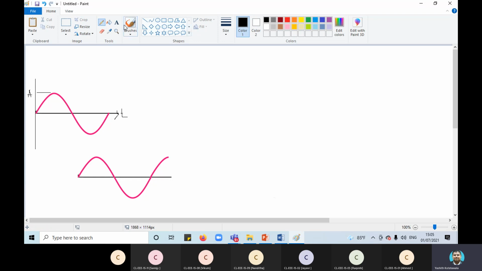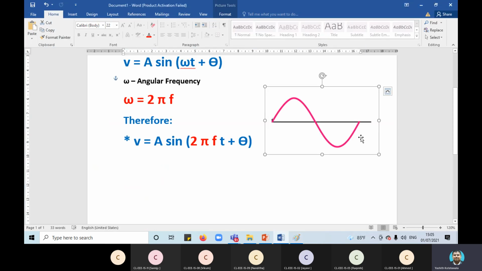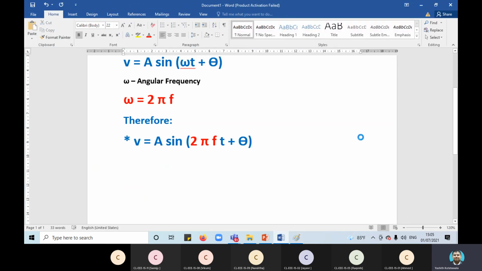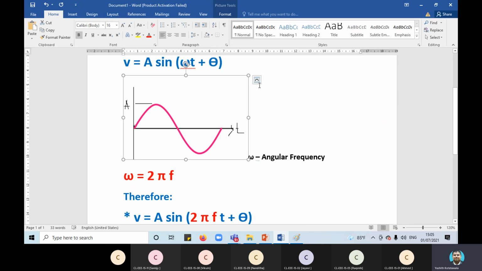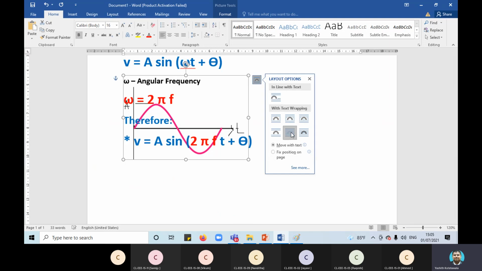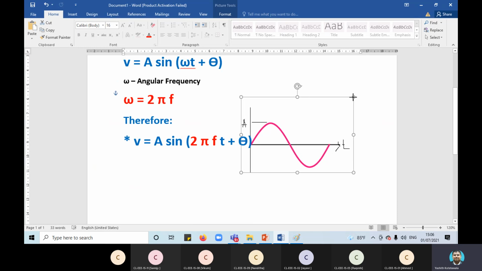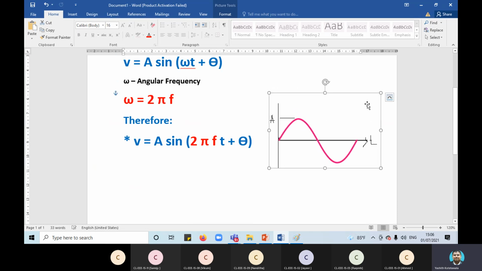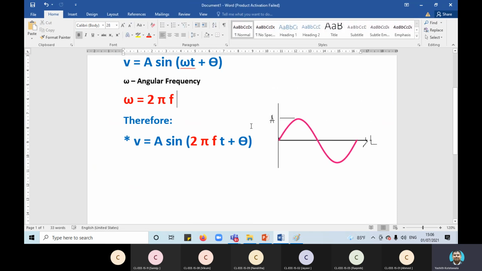Simple T is the observation time. So let's cut this and take it for, right. So here we have the sine.